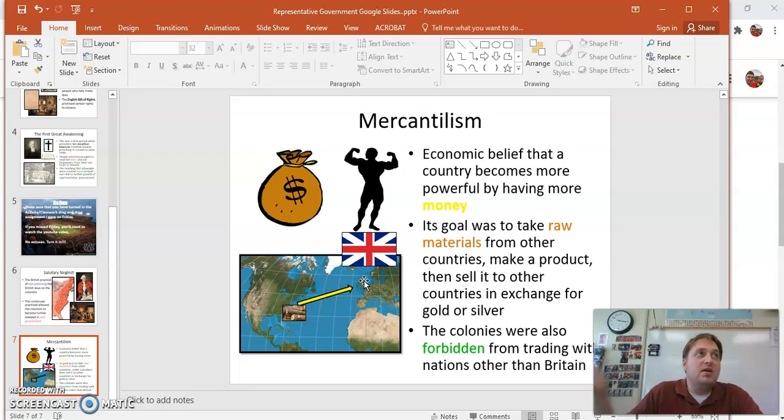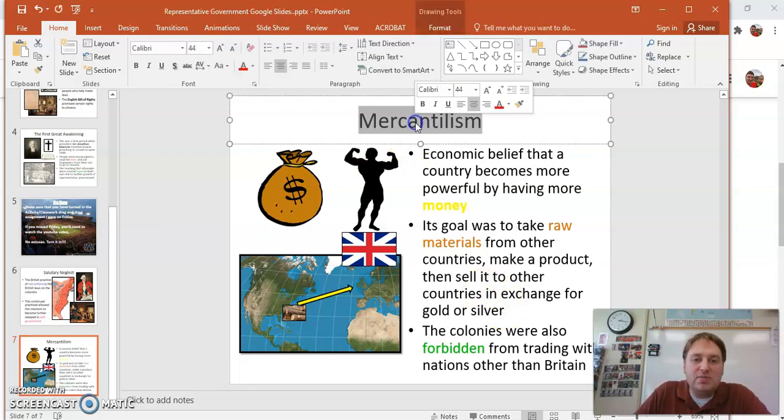A piece of wood would now be a chair, a piece of metal is now part of an axe, and the cotton's going to be turned into t-shirts or whatever. And when they sold it back to the colonies, they did that for a huge profit. Because of that, England was making some serious cash on all ends of that.